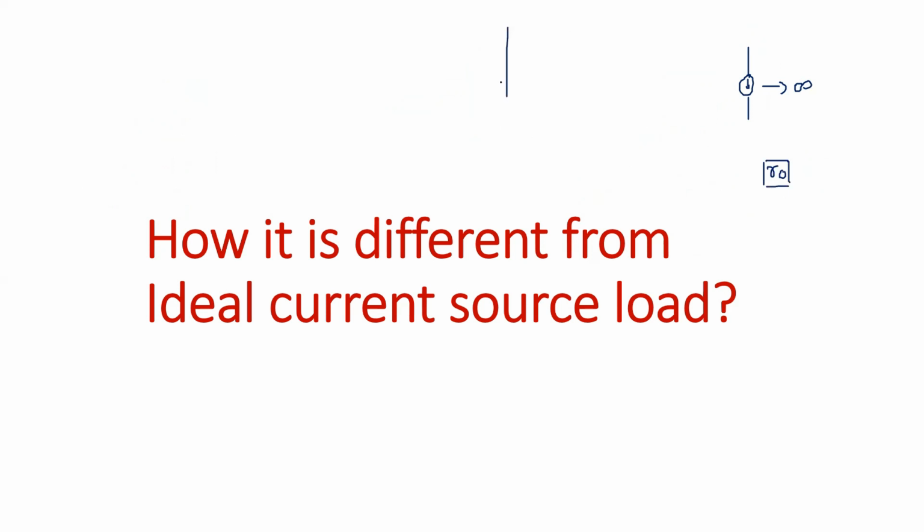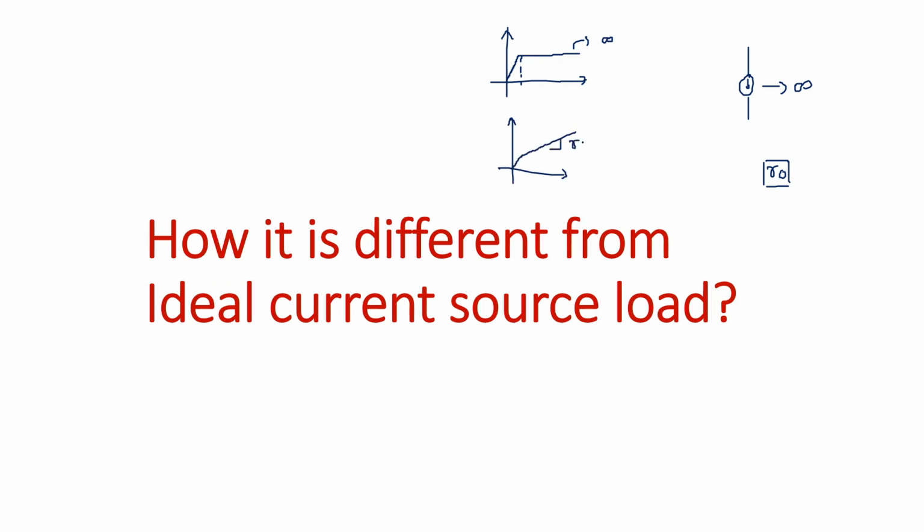I explained this depends on the characteristics, so I think no need to explain it again. If we are implementing the ideal current source or the practical current source using a MOSFET, so this is the ideal characteristic, where the impedance offered is infinite.